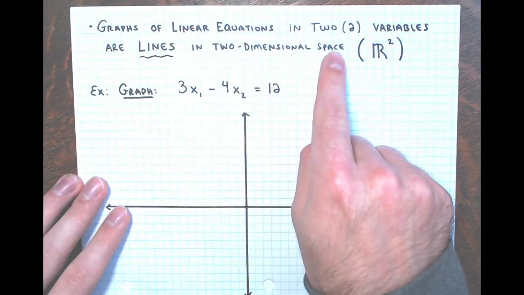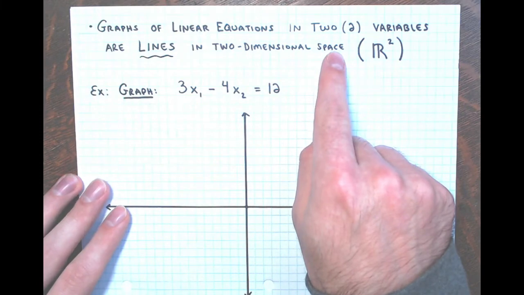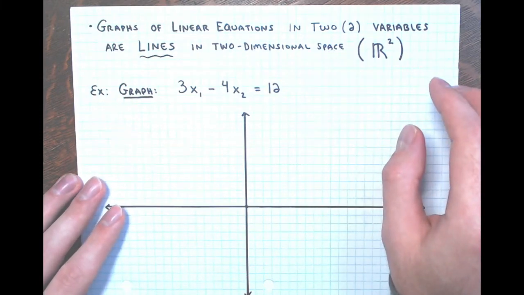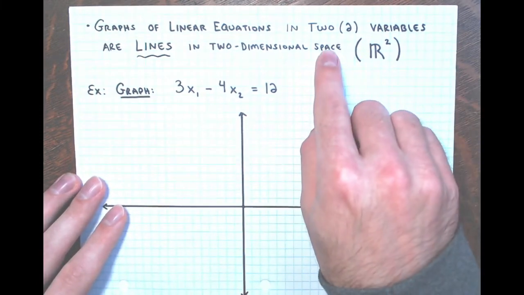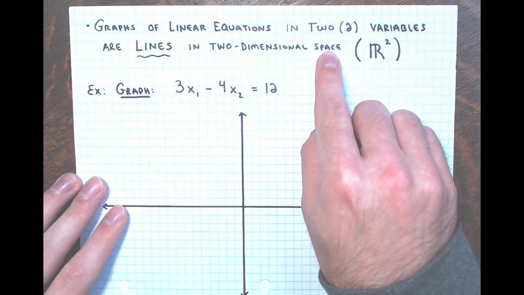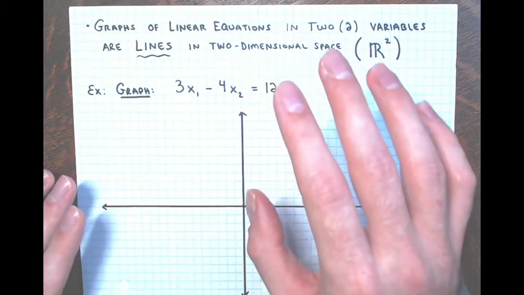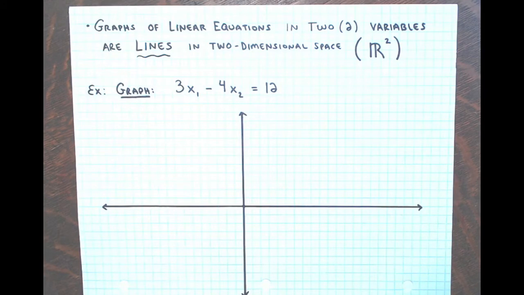2-dimensional space. Now if you're in a linear algebra class, you're going to talk a lot more about space and dimension. Those concepts will be fleshed out a little more in later videos of mine.